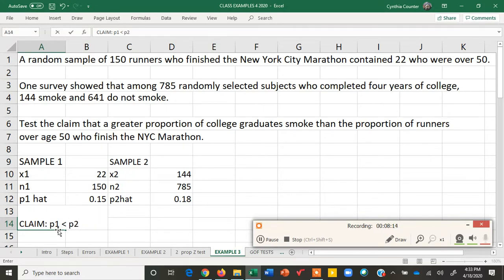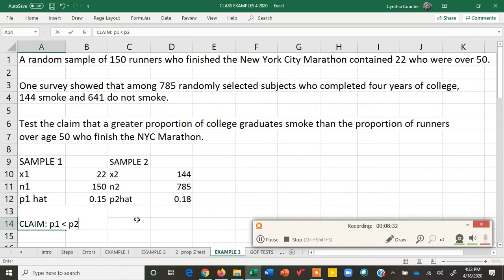This is saying that the proportion of runners over 50 who finished the New York City Marathon is significantly less than the percentage of college graduates who smoke.